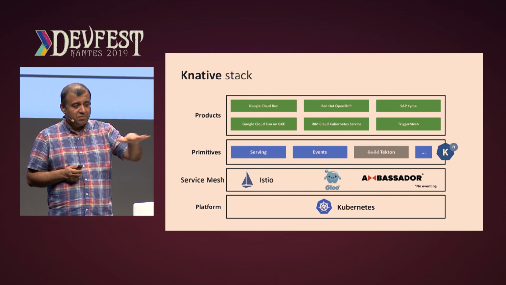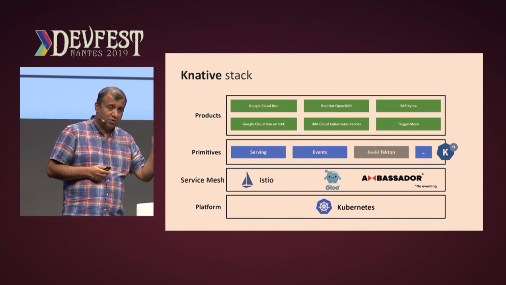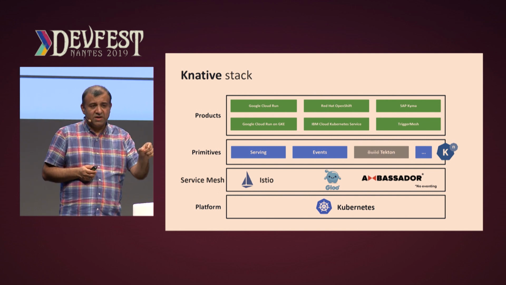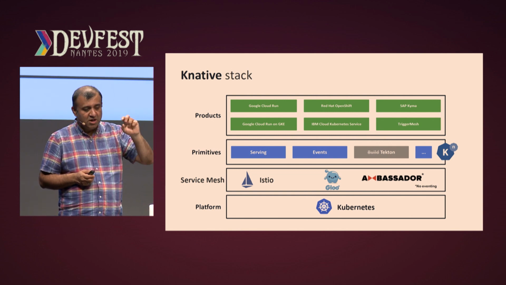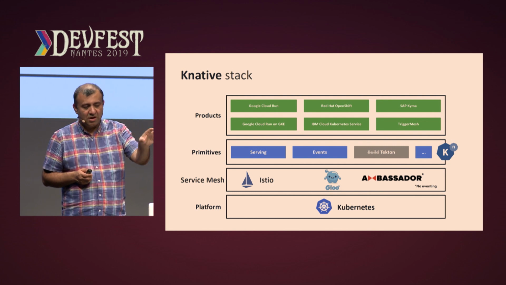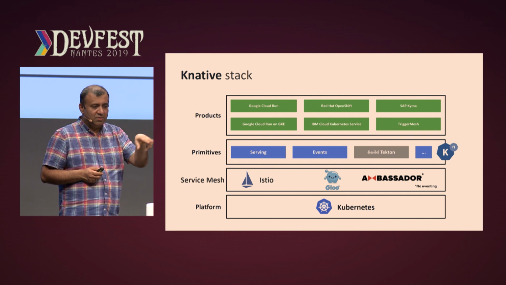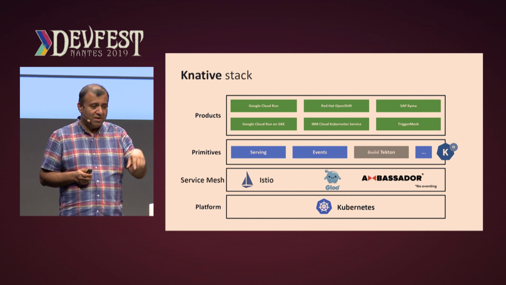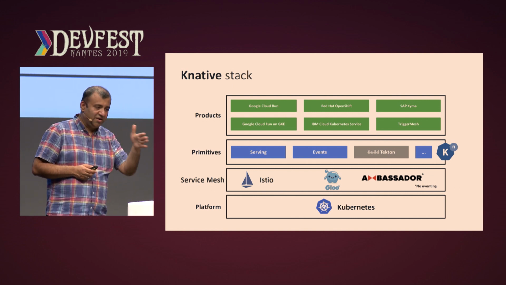And then you have the primitives for Knative, which is serving, which is how your traffic is routed, and eventing. Because the services or the functions on Knative are event-based, you need a way to consume those events. So eventing kind of gives you that structure. I'll explain both serving and eventing. And then you had build, which is now deprecated and replaced by Tekton.